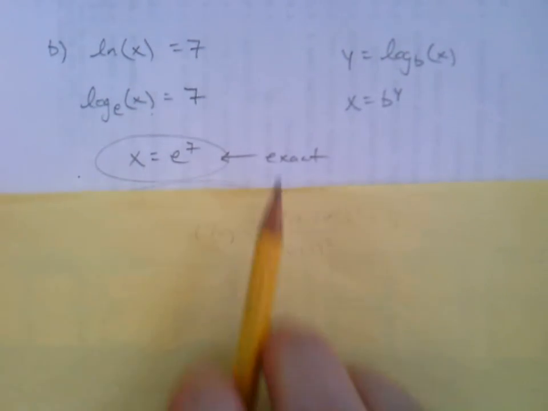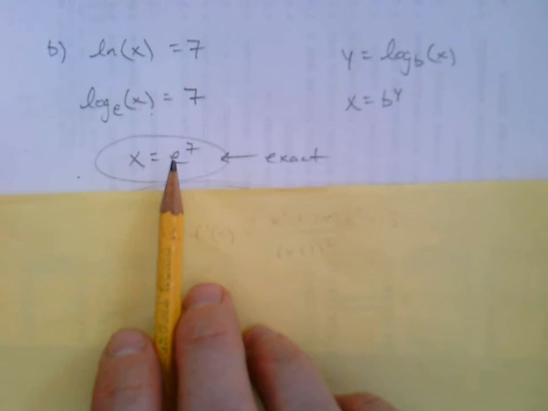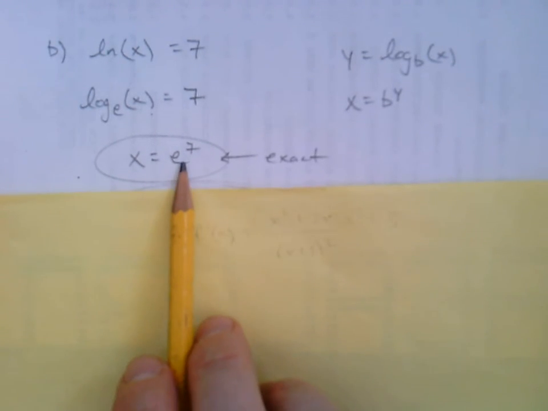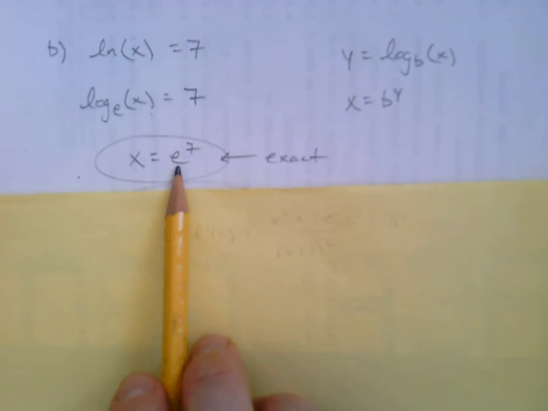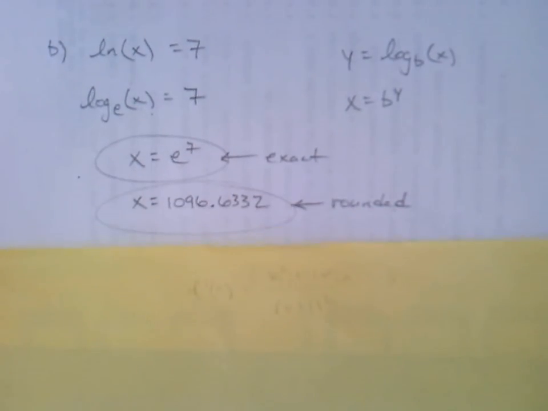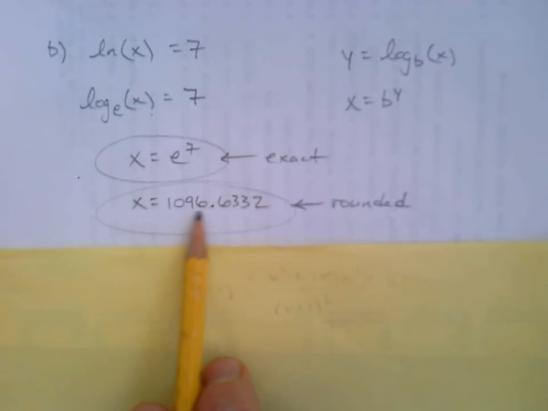You notice here my note to the side. This is the exact answer. E is, of course, a decimal that goes on forever. So e to the 7th would be the way I would represent the exact value of my answer. However, sometimes we like to have rounded answers. There are strengths and weaknesses to both. So if you put e to the 7th into a calculator, you will get that number right there.